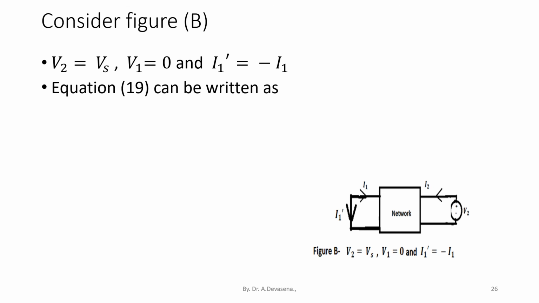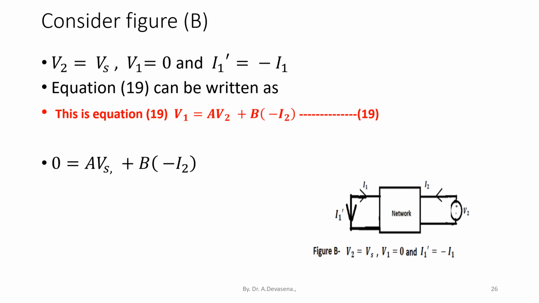So equation 19 can be written as, this is our equation 19, V1 is equal to AV2 plus B into minus I2. Here we are going to put the value of V1, V2 and I2, that is 0 is equal to AVs plus B into minus I2. If you simplify, we get 0 is equal to AVs minus B into I2. Consider this as equation 22.